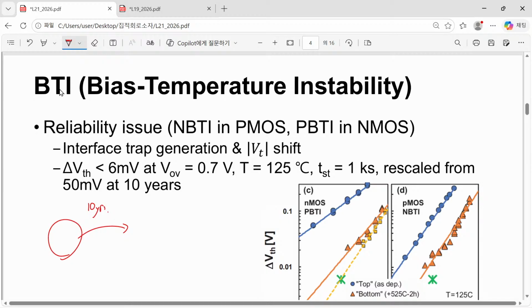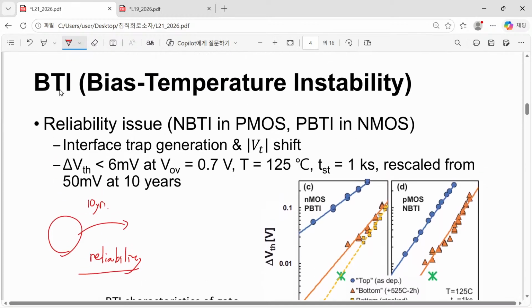That is related to the reliability problem. So simply speaking, usually the guarantee is done in 10 years. Of course, it depends on the case, but anyway, this is the norm.